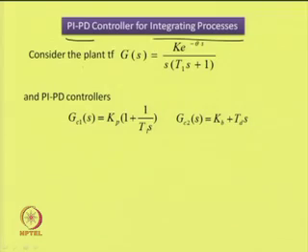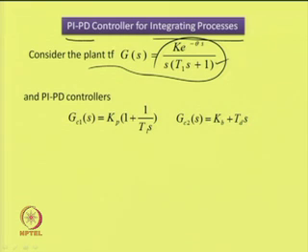So, consider the process model transfer function to be of the form k e to the power minus theta s upon s times (T1 s plus 1). So, this gives us the transfer function model of a second order integrating process.